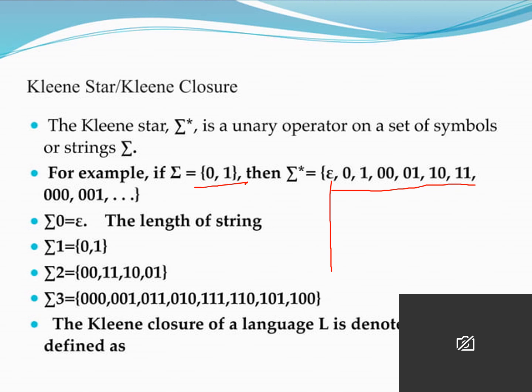If you are generating them along with the empty string, that is known as Kleene star. So single digit generations are 0 and 1, then double digit generations, and then three digit generations. The Kleene closure is denoted by the language L power star.